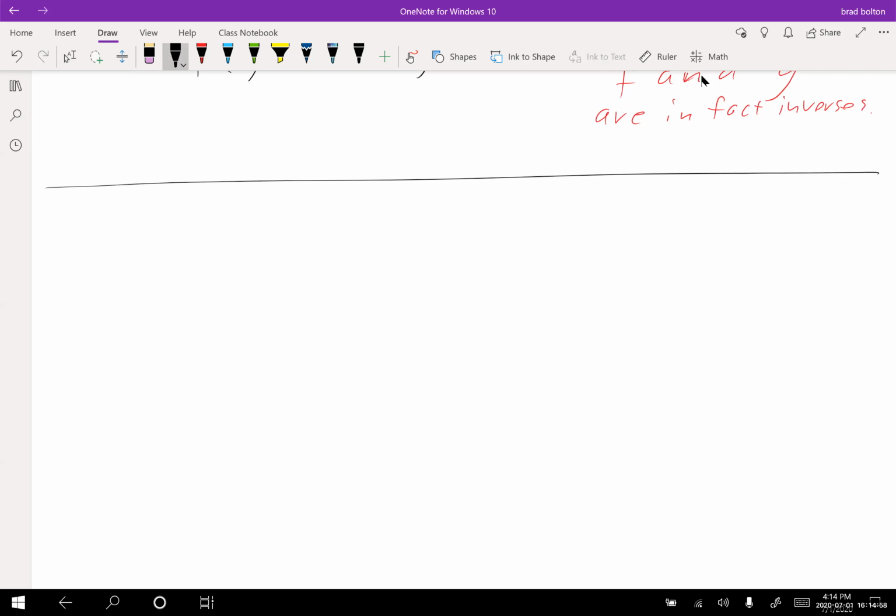One last thing, I want you to suppose that f of g of x is equal to the square root of x plus 5. Okay, so if it's equal to the square root of x plus 5, let's call this h of x.